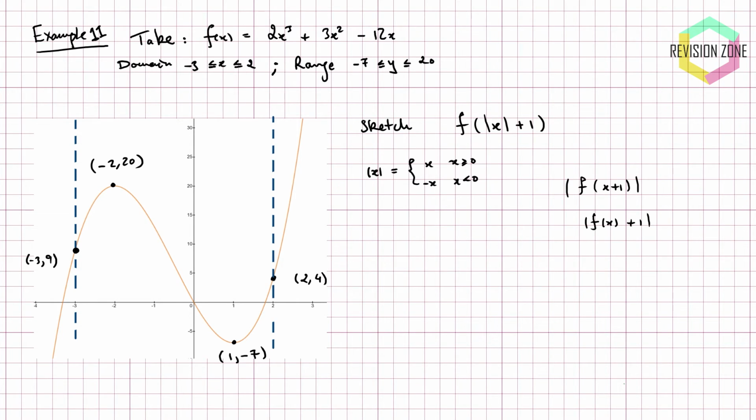And in the very last example, we had f of x, the modulus of that, and then plus 1. So the novelty here is that we've got the modulus of x, and then we're adding 1 to it, and then we're evaluating f, okay?